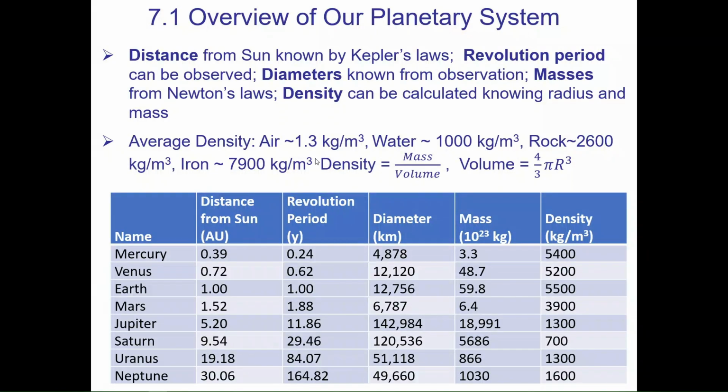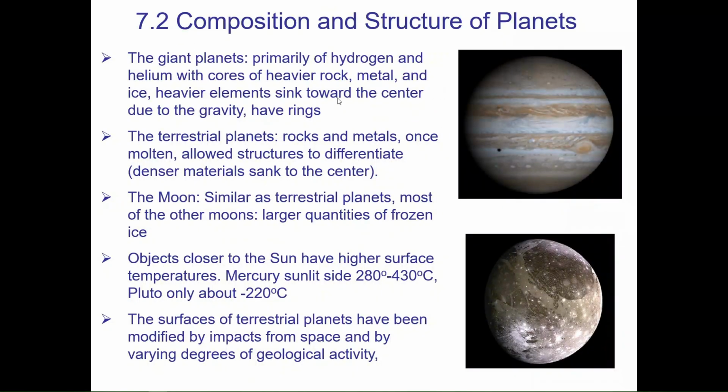That's much larger than just gas. So we believe that underneath the thick layer of hydrogen and helium gas, there must be material with very high density. And remember, all these planets formed in the same environment.